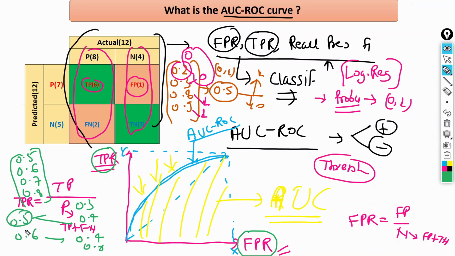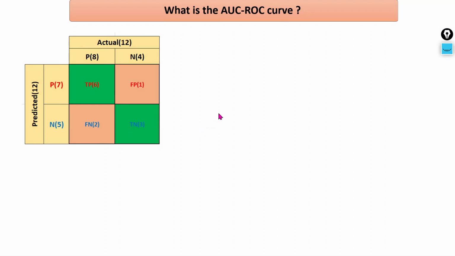This way I will get different TPR and FPR values at different threshold values, and with those values I can draw this particular curve. So by using different threshold values we can plot the AUC ROC curve with the help of TPR and FPR.